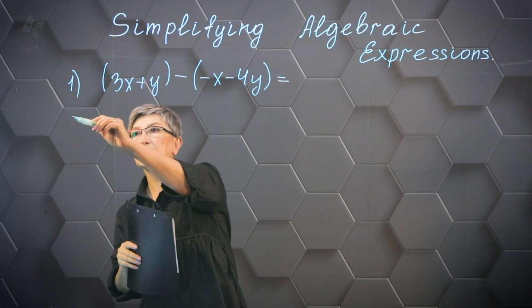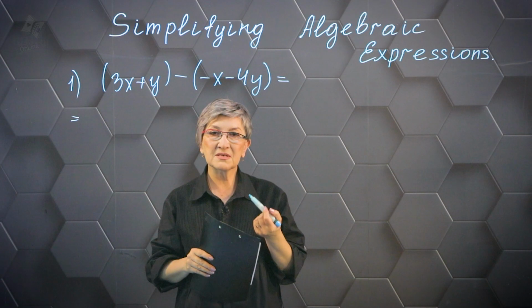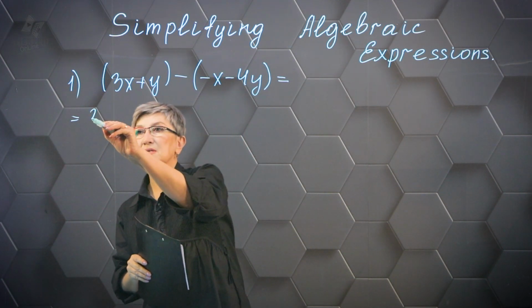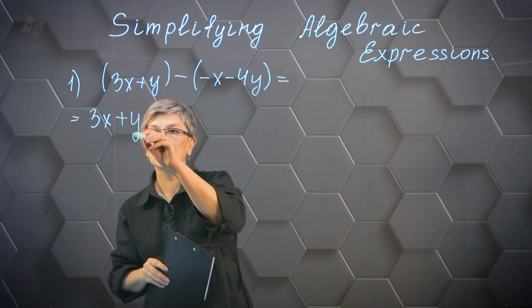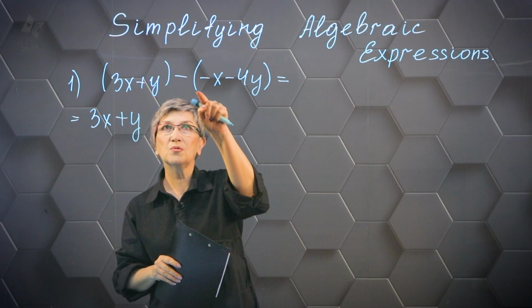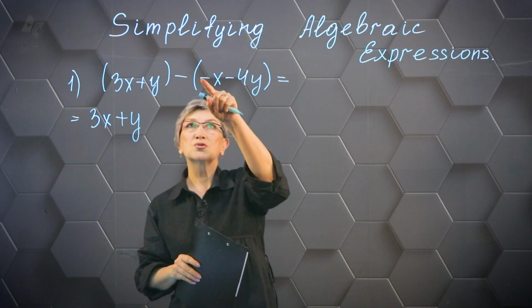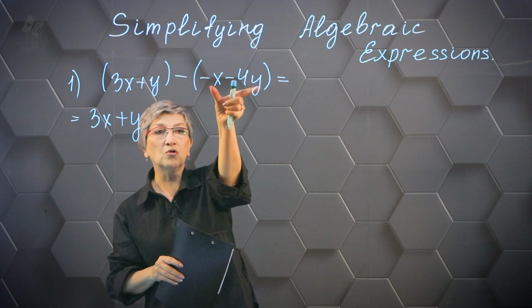There is no sign before the first parenthesis, so it is a plus sign. And the plus sign allows us not to write the parentheses down, but to write the expression as it's written, 3x plus y. But before the second parenthesis, there is a minus sign. That tells us that I'm rewriting the expression written in brackets, but with the opposite sign.